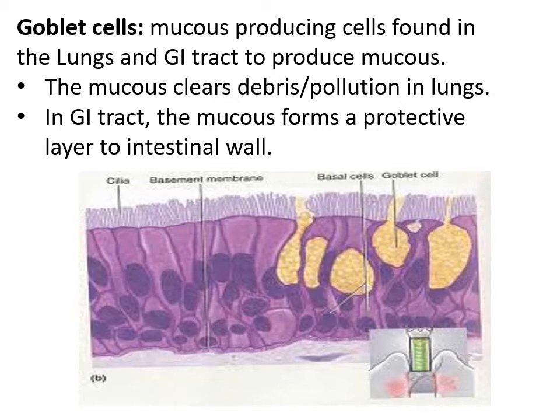Okay, it also lubricates the bronchial tubes as well. In the gastrointestinal tract, the mucus forms a protective layer, and it keeps the cells moisturized, right? It prevents them from drying out.